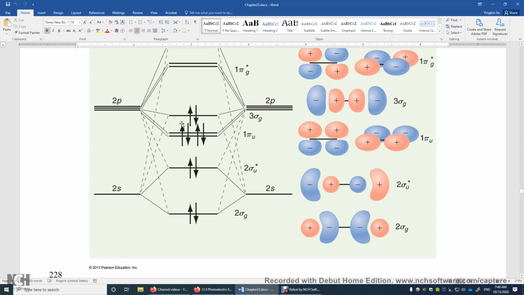All right. So what are the consequences for the order of the energies of the MOs? This is 3 sigma g, and this is 2 sigma g. They have the same symmetry along the bonding axis. Basically, these two MOs are symmetric with respect to any symmetry plane that contains the bonding axis.